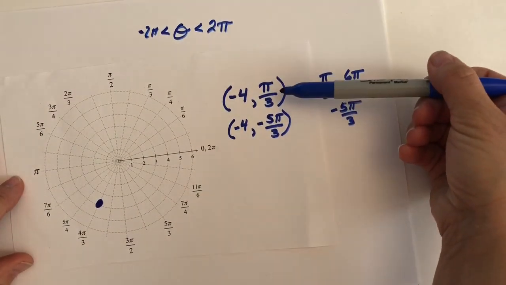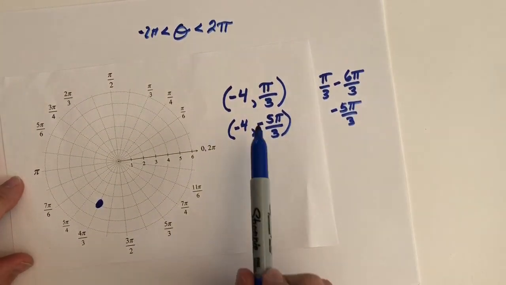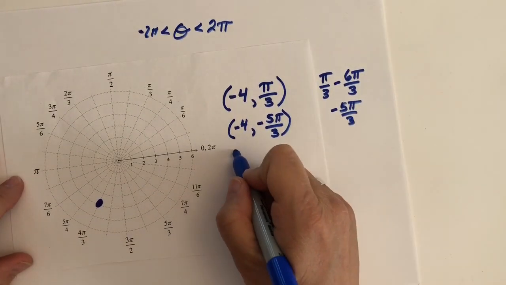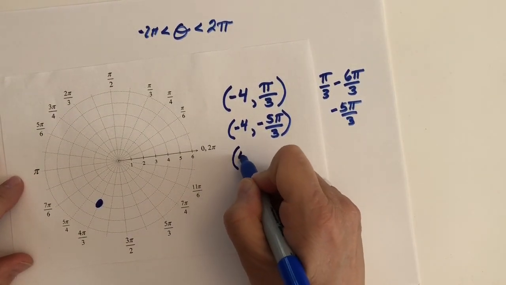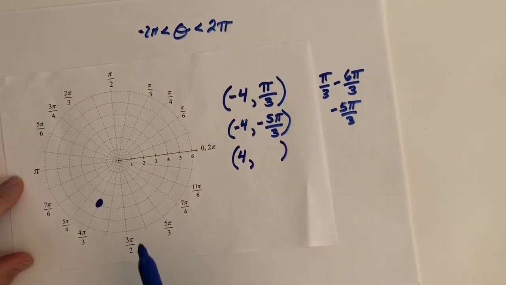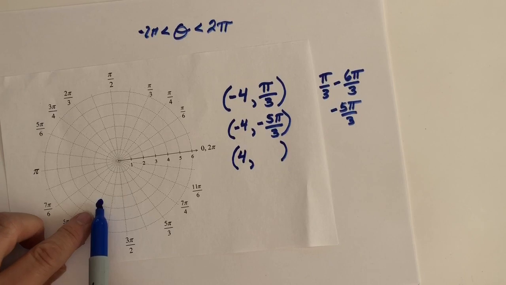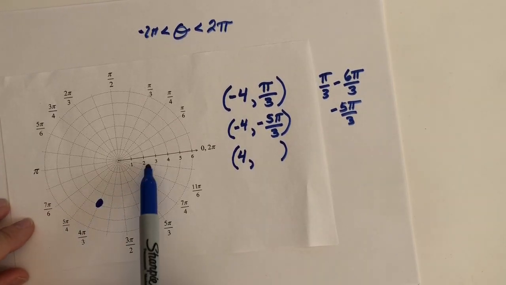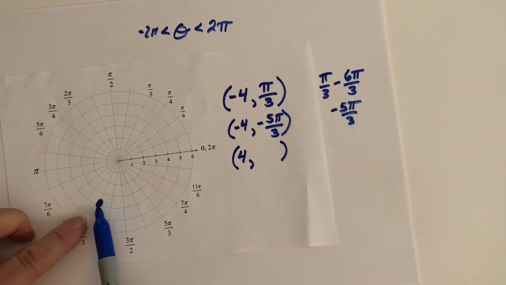That takes care of all of the angles between 0 and 2 pi if we maintain our R value that's negative. But let's make our R value positive now. Our R value is +4. And notice we can look at the picture right here and see it. Notice this is the angle 4 pi over 3.